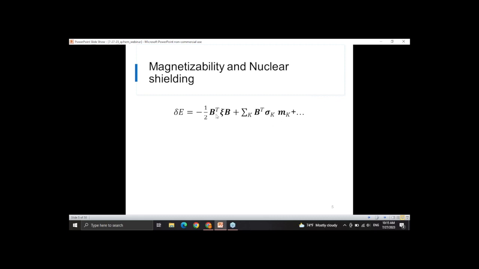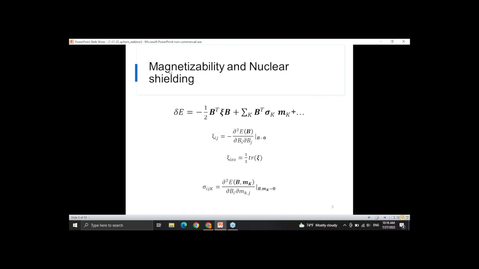The magnetizability tensor is associated with the molecule's energy change in response to the field only. The nuclear shielding tensor describes the molecule's energy change when the external field couples with the nuclear spins. The second part is what the NMR experiment measures, and of course it's immensely useful for people doing experiments.